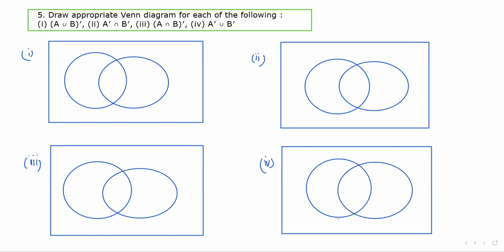Now, for each Venn diagram, you can draw multiple Venn diagrams and then merge them, but we'll try and do it in a combined fashion. So let's use different colors for different combinations.